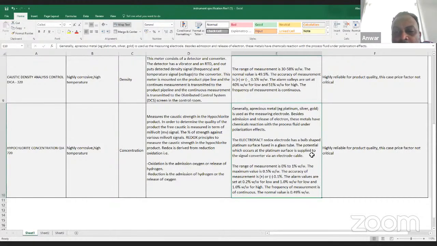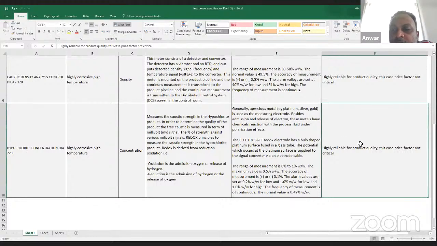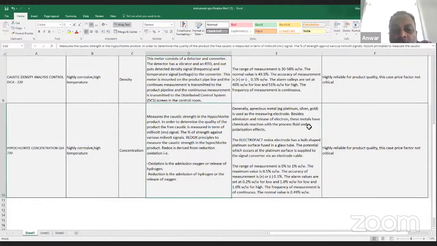From there, the reading will be obtained. Again, the important thing here is the reliability of the product quality, and in this case the price factor is not critical when we do the selection of this equipment.